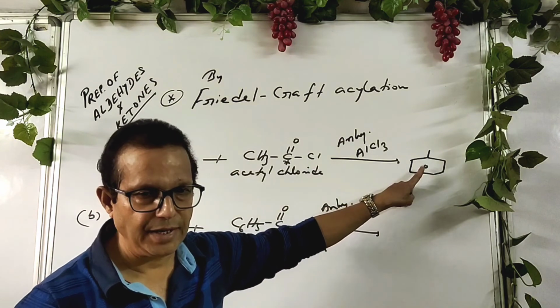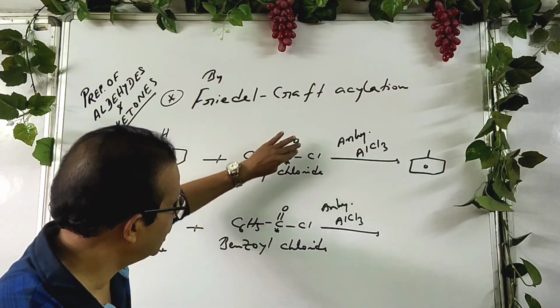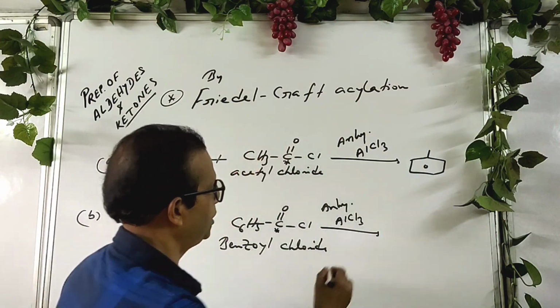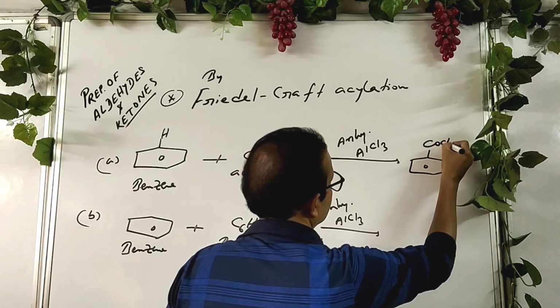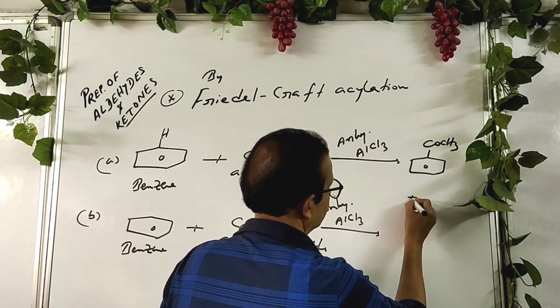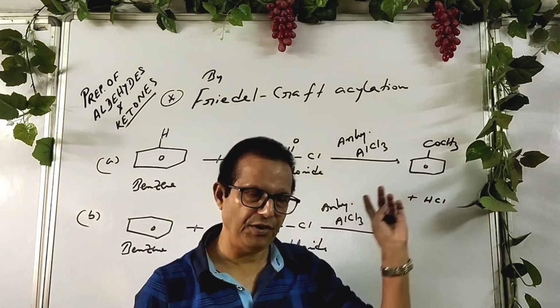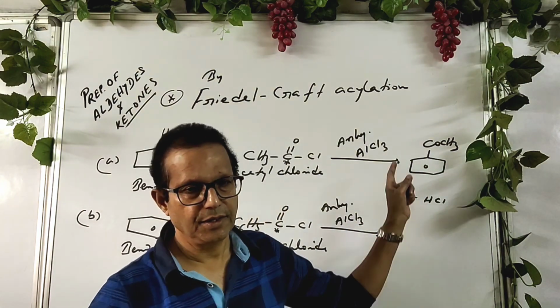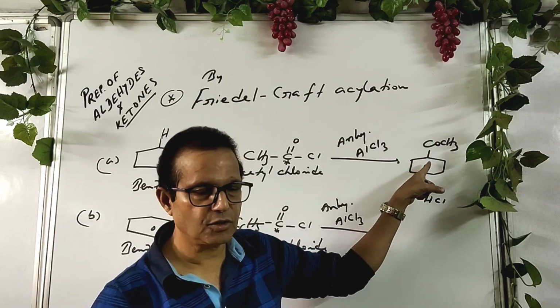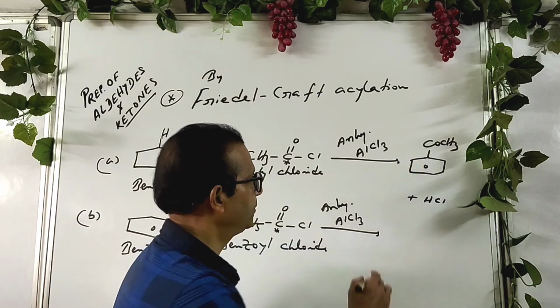And how to write the main product? Just attach this carbon atom COCH3. Can you tell me what is its name? Very important exam question. Direct question. This is called acetophenone.